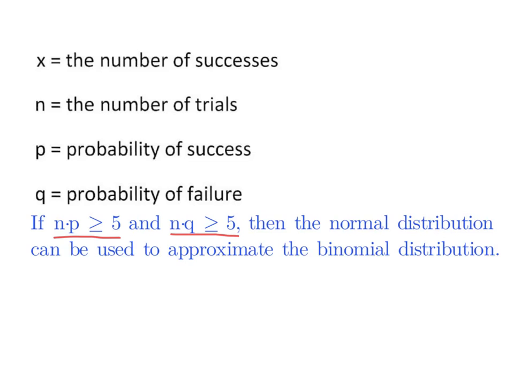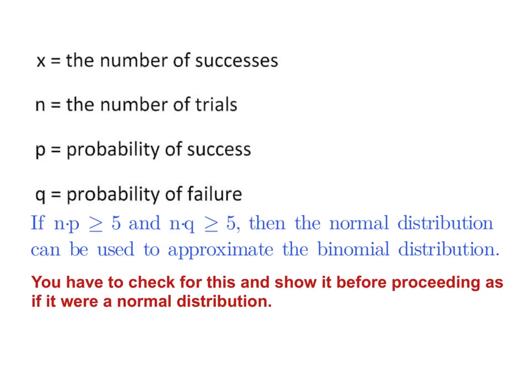Keep in mind the probability is always between 0 and 1. So oftentimes we want to make sure that the trials are well over 10. If we only have a few trials, this is probably not going to work out. So the more trials, the better. The more trials, the closer it is to the normal distribution.